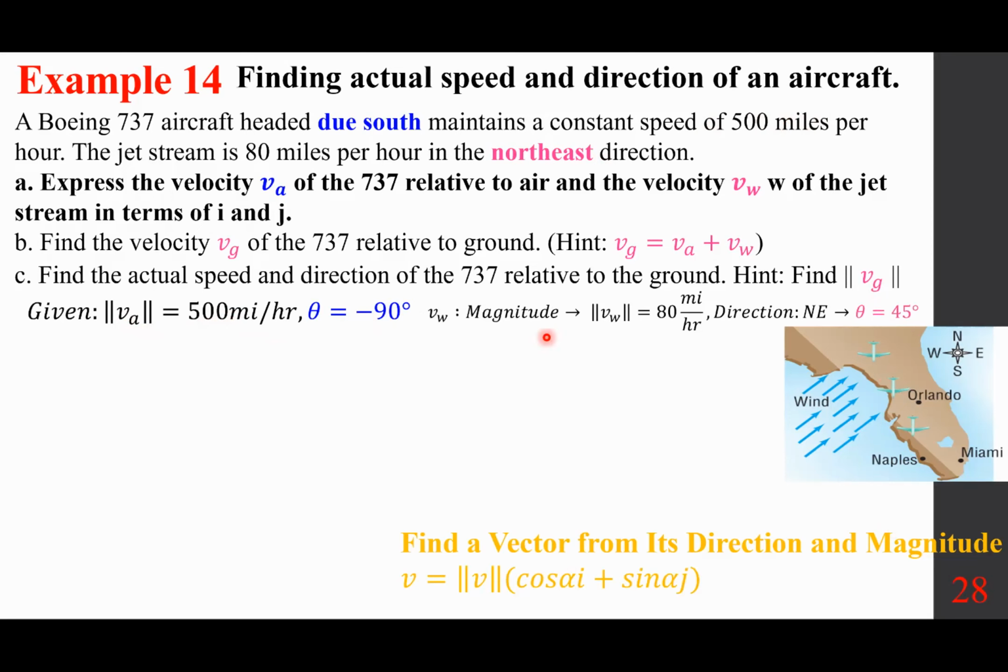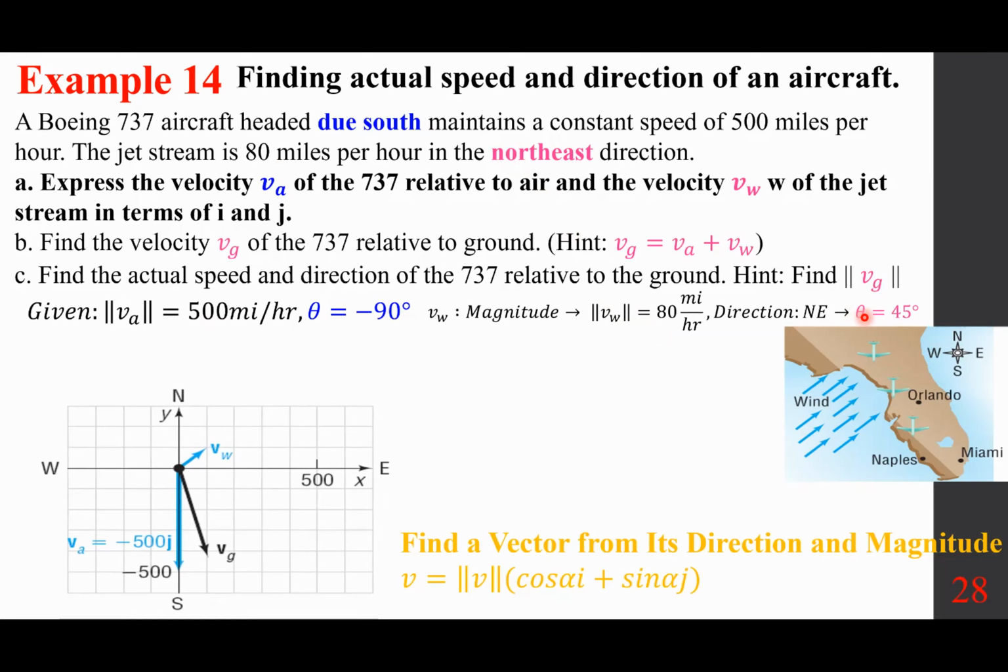For the wind, the magnitude is 80 miles per hour, northeast, that is 45 degrees. Theta is 45 degrees for the wind, or you can say theta sub W.